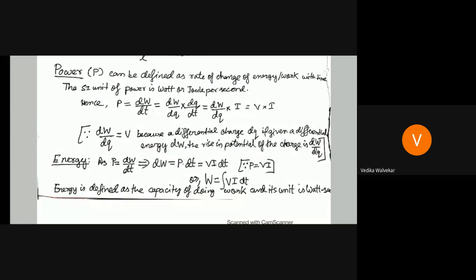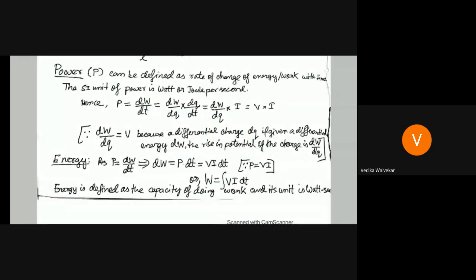So dW by dQ into current is basically becoming V into I, because dW by dQ, or the work done by charge, is actually voltage. If you differentiate charge, you see the explanation I have written down in the bracket portion below, that dW/dQ is equal to V, because differential charge dQ, if given a differential energy dW, the rise in potential of the charge is dW/dQ.